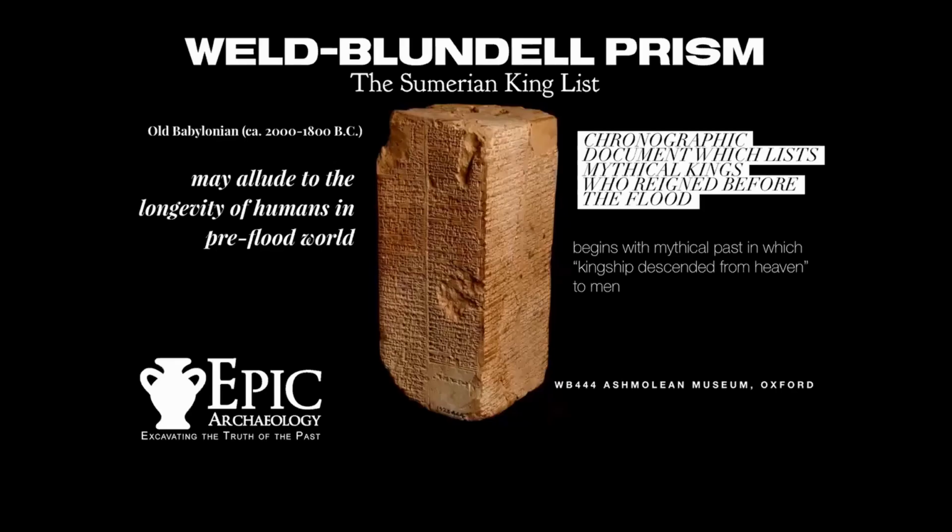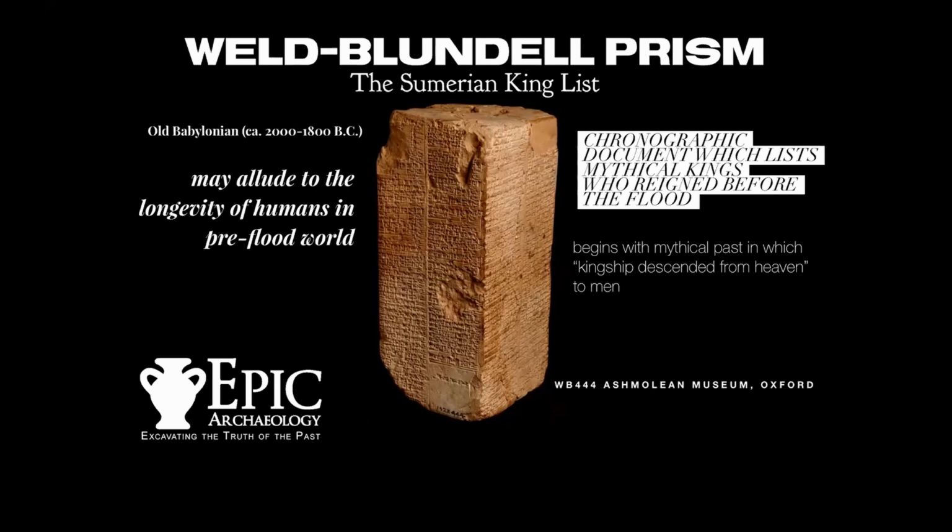the writers of Mesopotamia. One of the first artifacts that I think is interesting in connecting the earliest account of the flood with history is something called the Weld-Blundell prism, or the Sumerian king list. Basically, this is written during the Old Babylonian period, so about 2000 to 1800 BC, and this may allude to the longevity of humans in the pre-flood world.